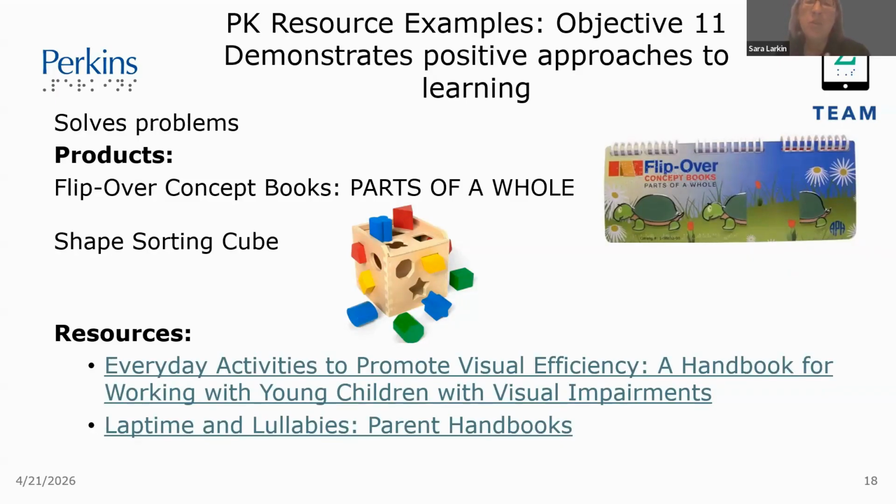The other is a shape sorting cube, where you're trying to put these shapes into their little openings that are the same shape. Some of the resources that we have include our everyday activities to promote visual efficiency and a laptop and lullabies parents handbook.